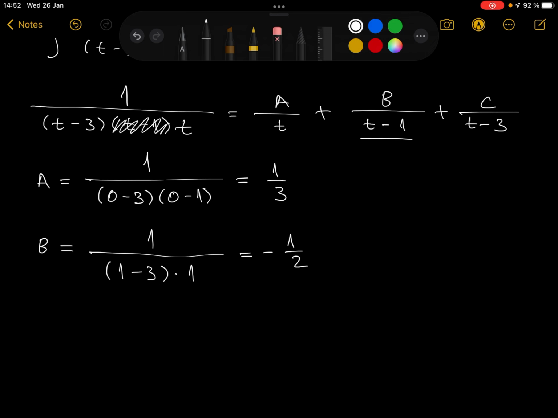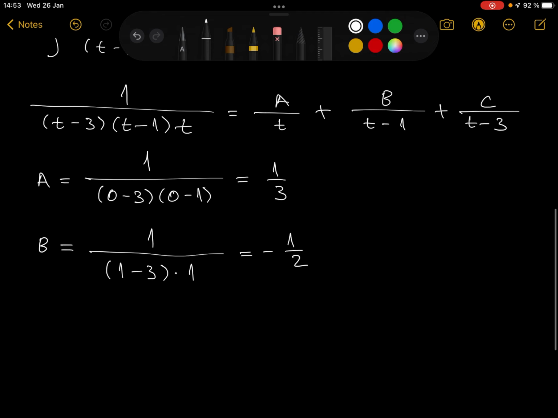Okay, and what do we have now? All that we have that's left is to find the value of c. So t minus 1 is right here, is to find the value of c.